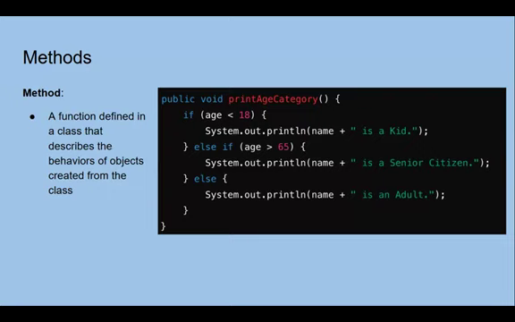Over the age of 65, it's a senior citizen, and otherwise it's an adult. So the method here is print age category, and the behaviors of the objects are the if-else statements. So how many methods are there that we can use? There are various methods. It depends on the context of the program that you're running.